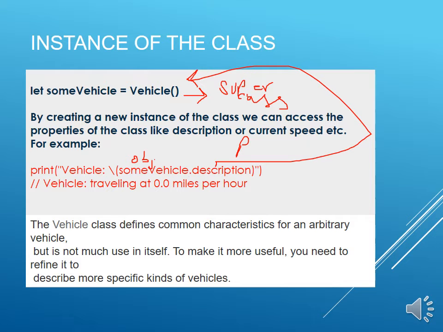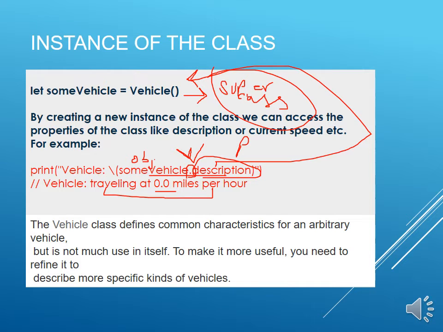This object is accessing the property of the superclass with the dot operator, right? So what will it print? It will print "Vehicle traveling at 0.0 miles per hour." This 0.0 miles per hour is the speed of the vehicle, and this string is coming from the description property.